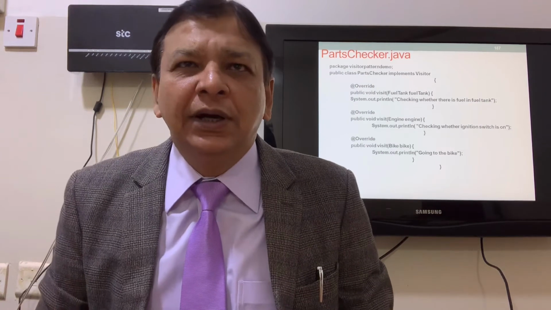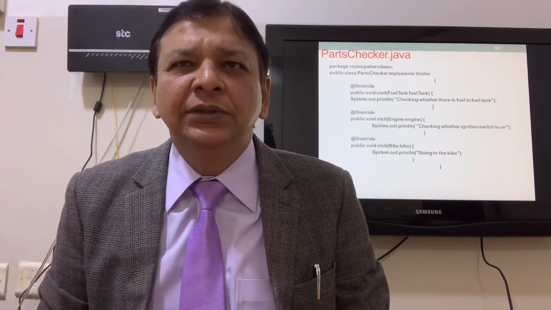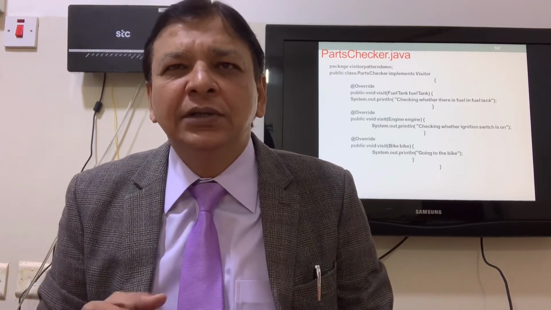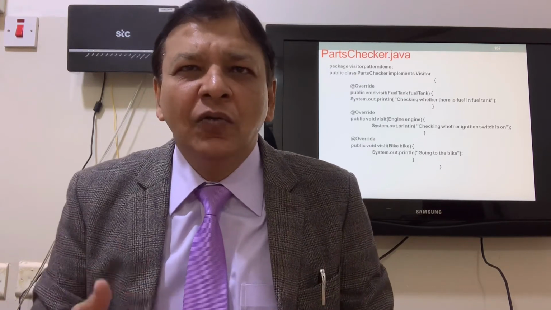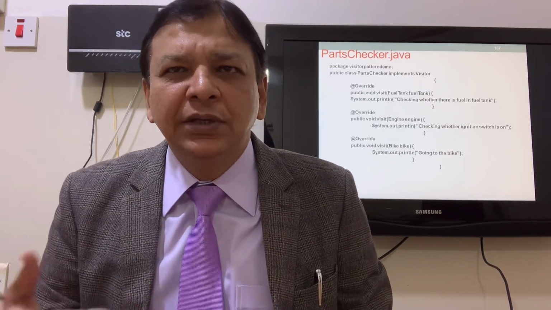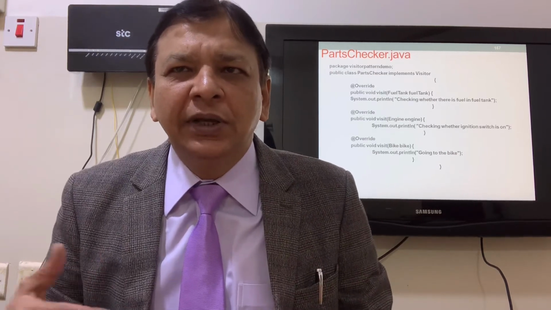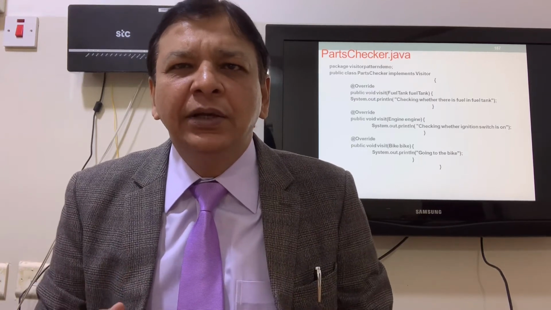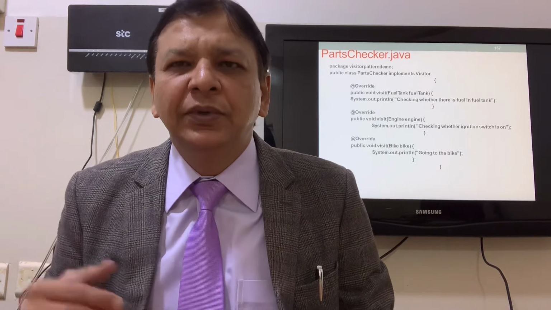PartsChecker.java: public class PartsChecker implements Visitor, override public void visit(FuelTank), System.out.print checking whether there is fuel in the fuel tank, override public void visit(Engine), System.out.print checking whether ignition switch is on, override public void visit(Bike), System.out.print going to the bike. We close the method, we close the class.